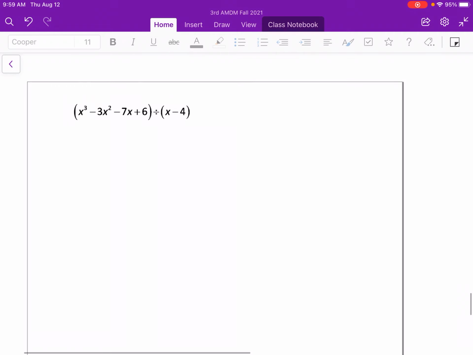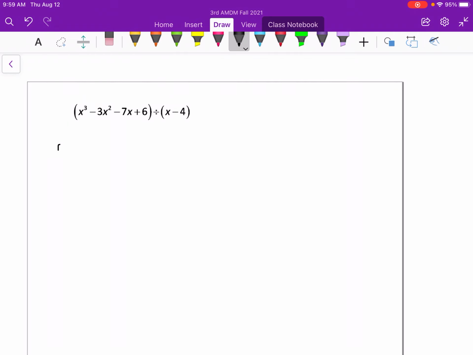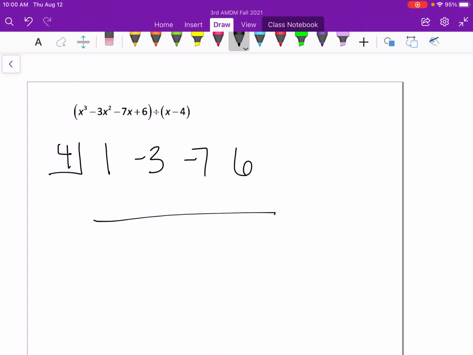Okay, last one here. My divisor is +4. Goes right there. 1x cubed minus 3x squared minus 7x plus 6. They went down by 1 degree each. Drop my 1. 1 times 4 is 4. Add them. 1. 1 times 4 is 4.